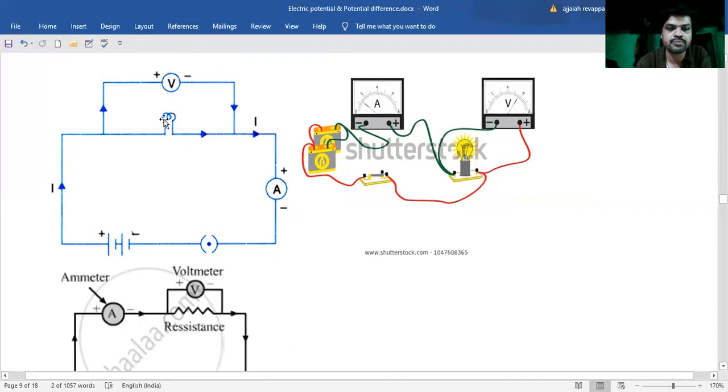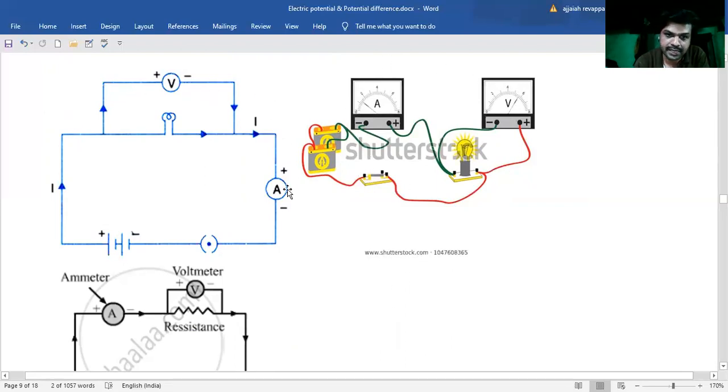Here we have two components connected between the same 2 common points. See, one end of the bulb and one end of the voltmeter are connected to the same point. The other end of the voltmeter and the other end of the bulb are connected to the same point. So this connection is called parallel connection. Fine. Here you can see the electric circuit.